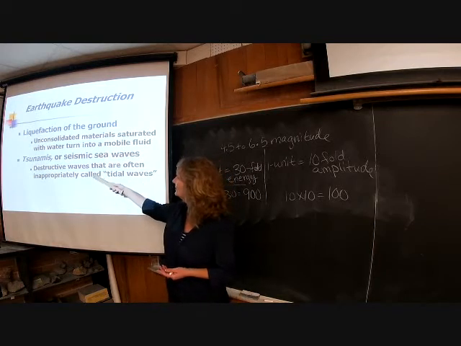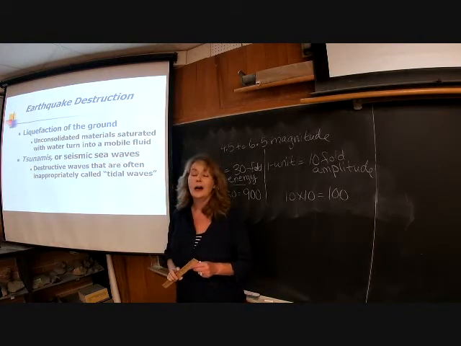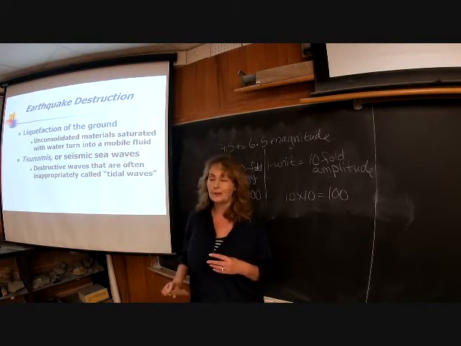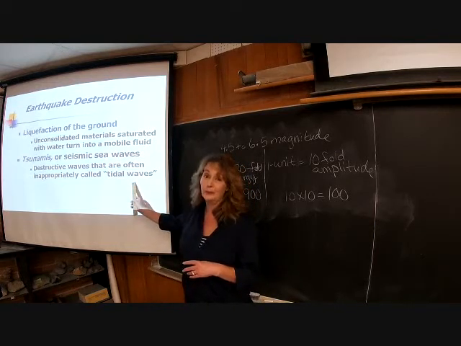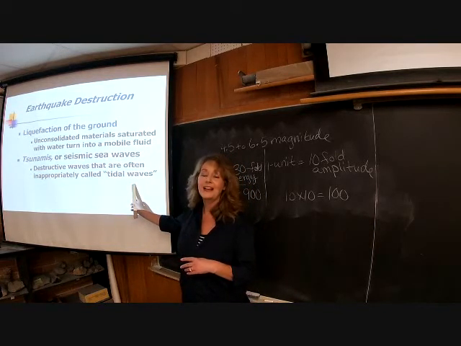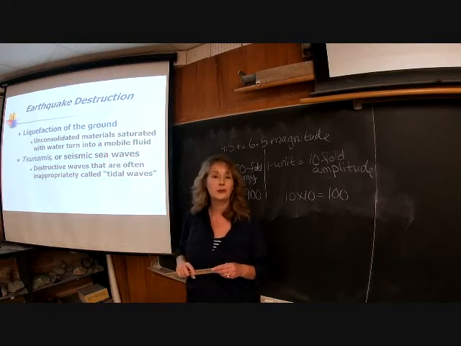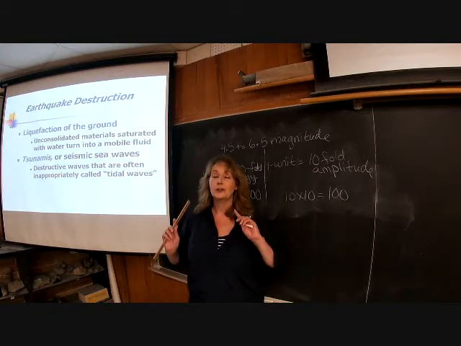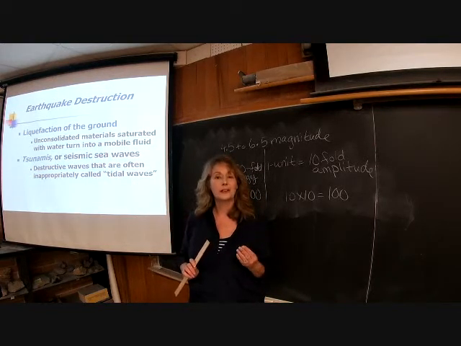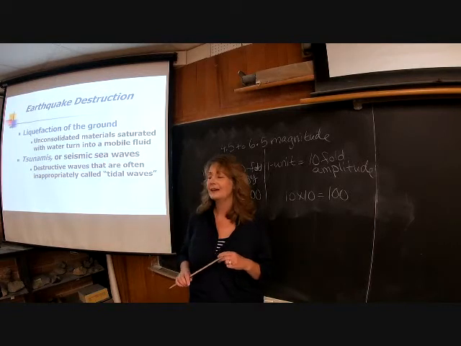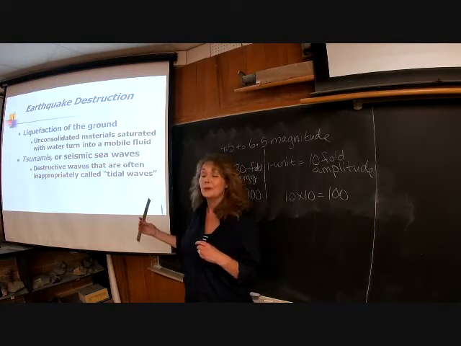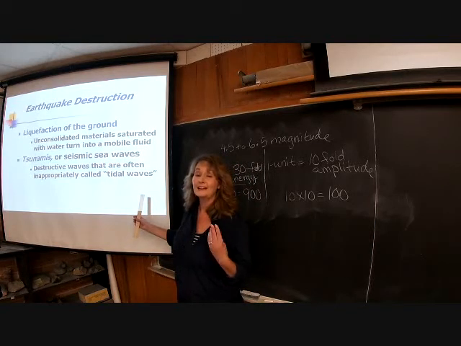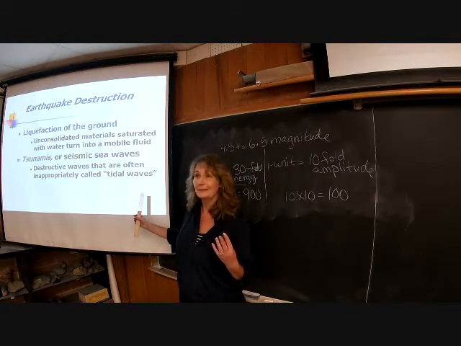It will create very destructive waves, very large surges of waves, inappropriately or incorrectly called tidal waves. They have nothing to do with the ocean tides, which are astronomical forces of the sun and the moon. I think we mentioned tides last time when we were talking about continental drift and Alfred Wegener's mechanism, right?